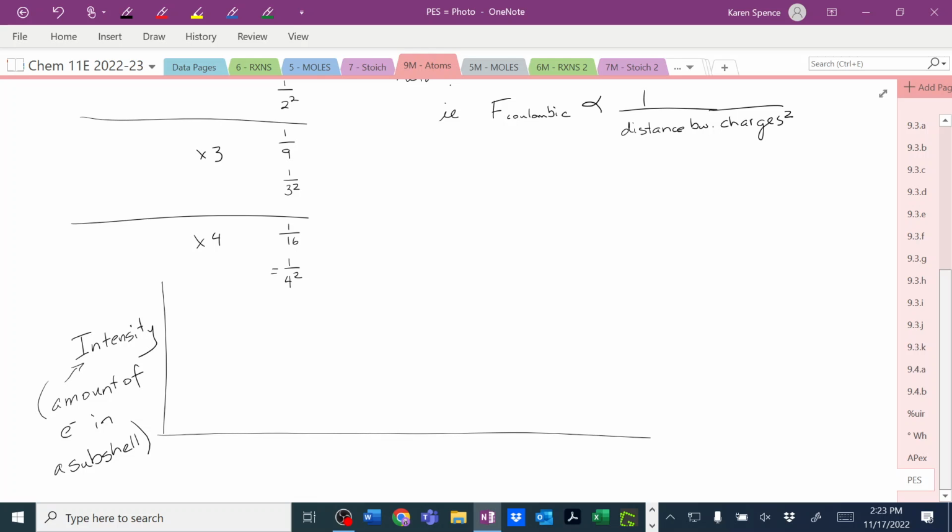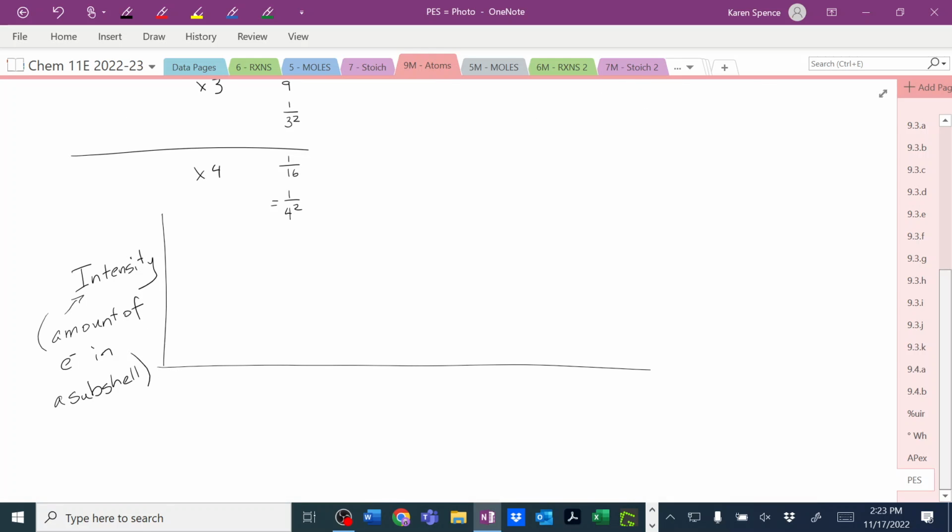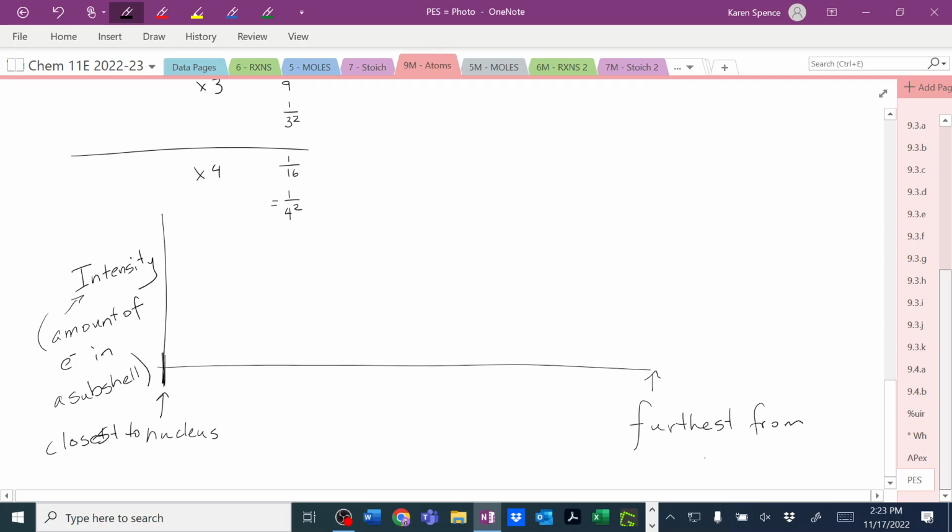Okay, so remember down here, this area represents the nucleus. So over on the left, which is closest to the nucleus, and over here on the right, this is furthest from the nucleus.